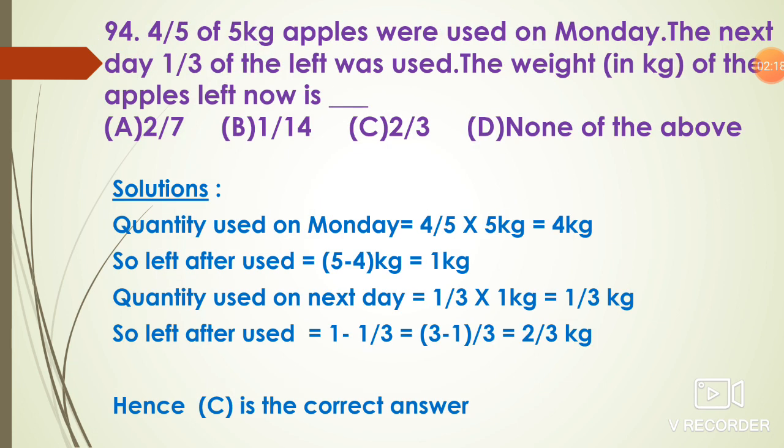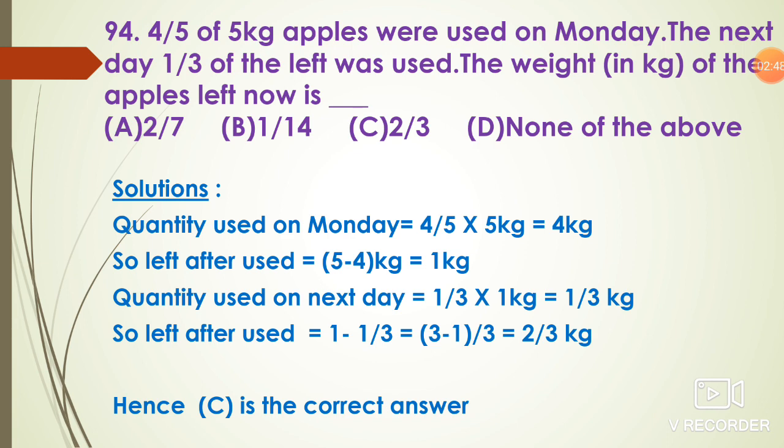Question number 94. 4 by 5 of 5 kg apple were used on Monday. Next day 1/3 of the left were used. The weight of the apple left now is dash. So quantity used on Monday is 4 by 5 into 5 kg. 5 cancels, so it will be 4 kg. After Monday, the left amount is 5 minus 4 kg equal to 1 kg.